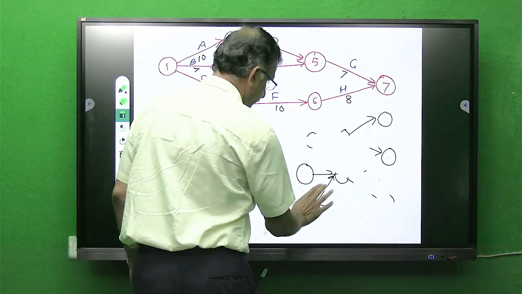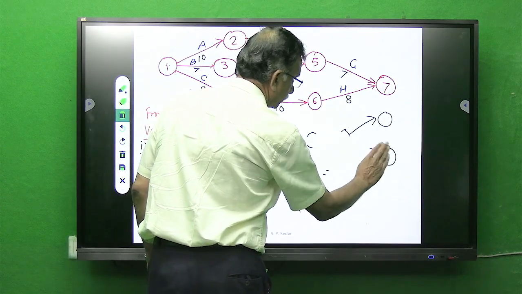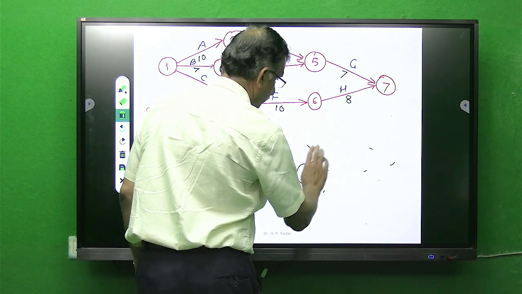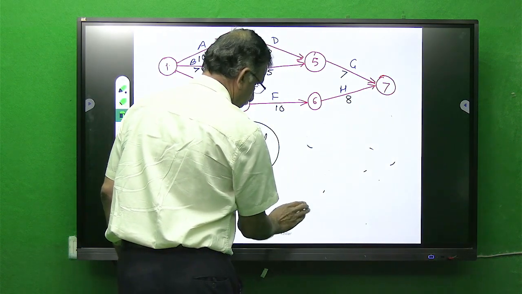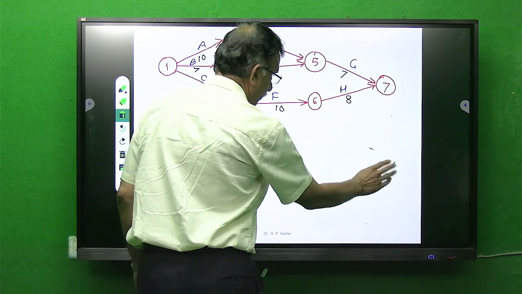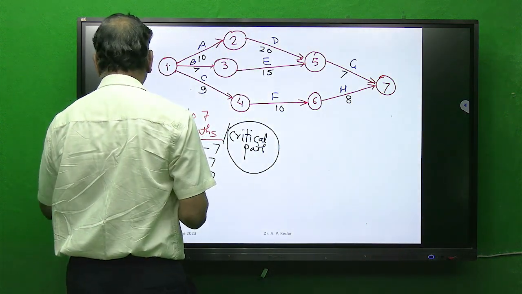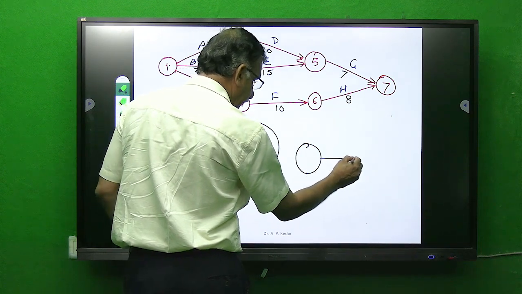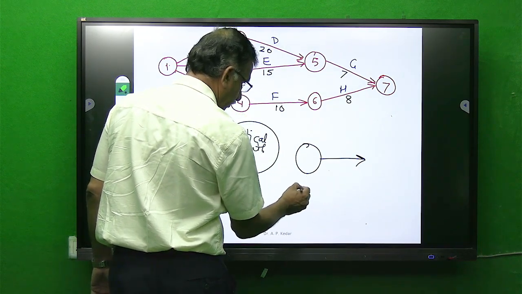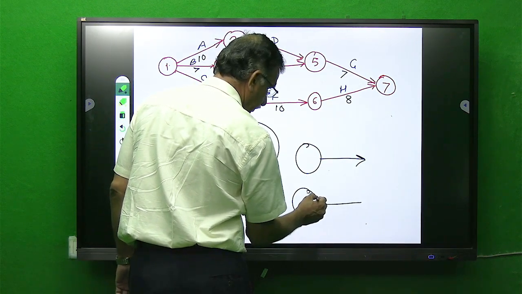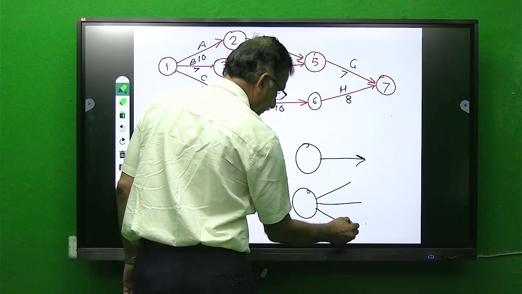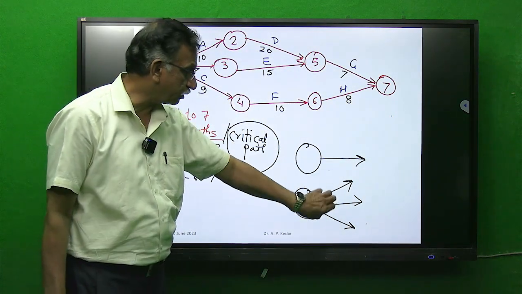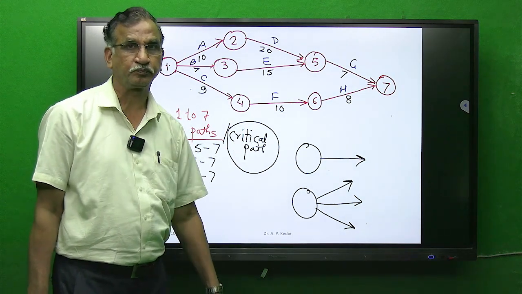Other important point I will tell now. Very important. Suppose just now we have said that it will have only one starting event. The starting event may have one or more than one activities which can start at the same time.